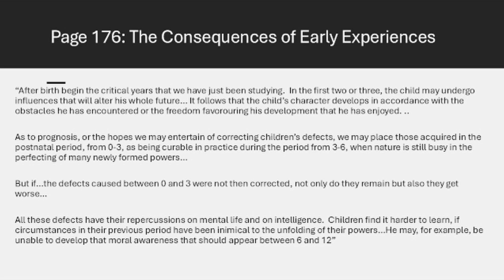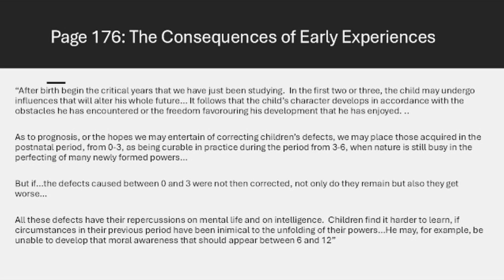"As to prognosis, or the hopes we may entertain of correcting children's defects, we may place those acquired in the postnatal period from 0 to 3 as being curable in practice during the period from 3 to 6, when nature is still busy in the perfecting of many newly formed powers. But if the defects caused between 0 and 3 were not then corrected, not only do they remain, but also they get worse.